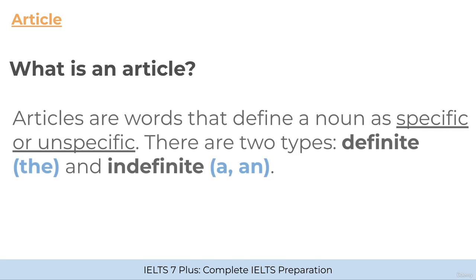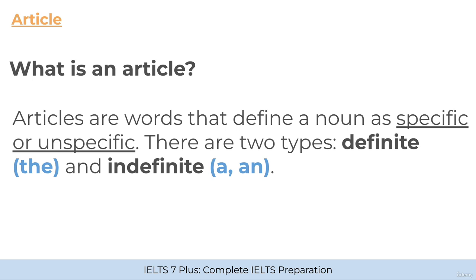So let's move on to the last area of the 9 essential parts of speech, articles. What is an article? So these are words, they're very small words, but they actually really help us to understand whether a noun is specific or unspecific. Okay, let's think about this a little bit. So 2 types, definite, which is the.